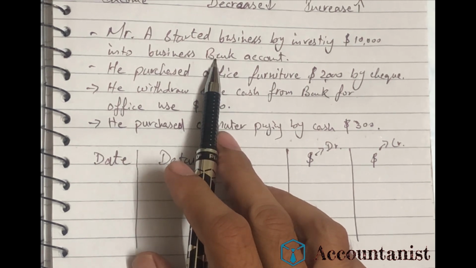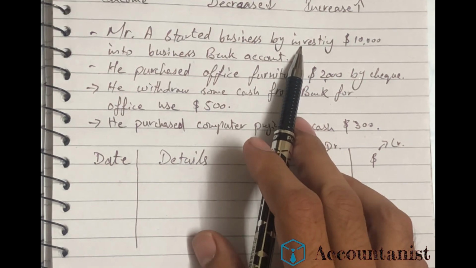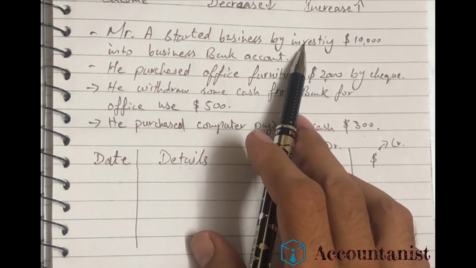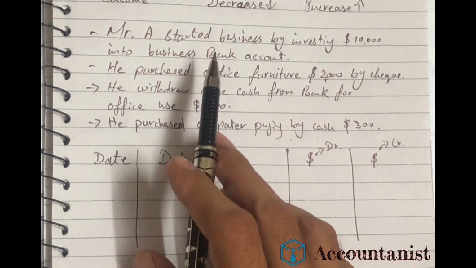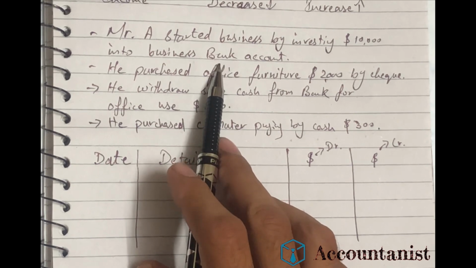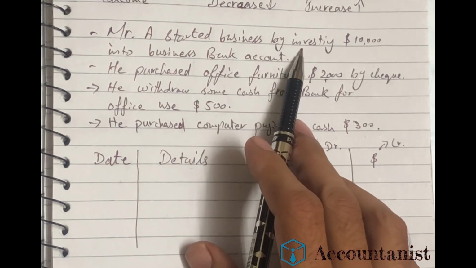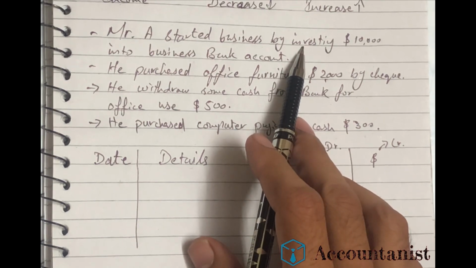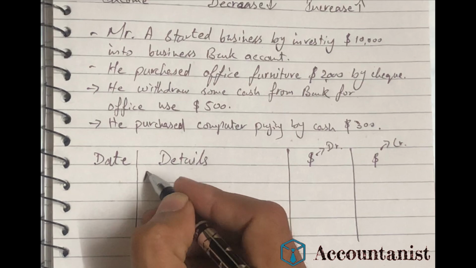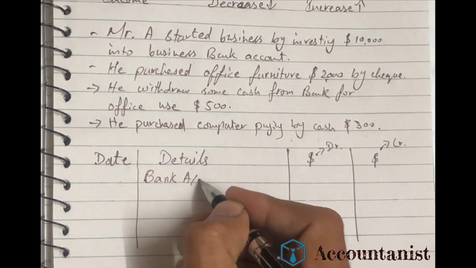The second one is the investment from the owner, so that we mention with the capital. So the bank balance is going to increase from the investment that we got from the owner. So the bank is going to be recorded as debit.